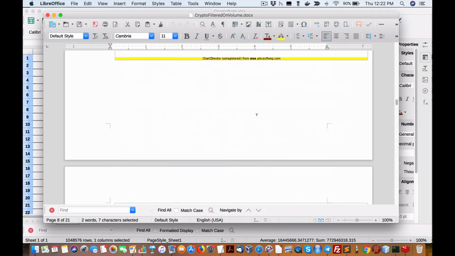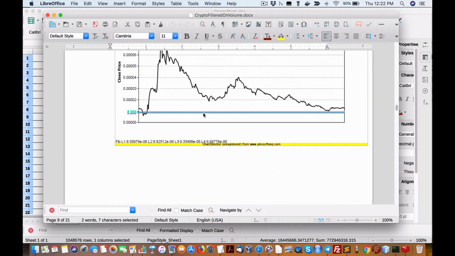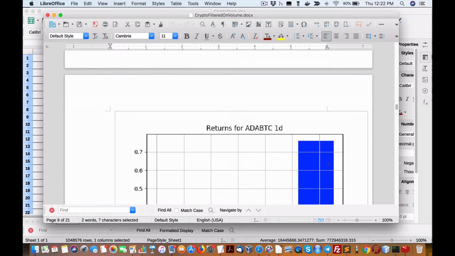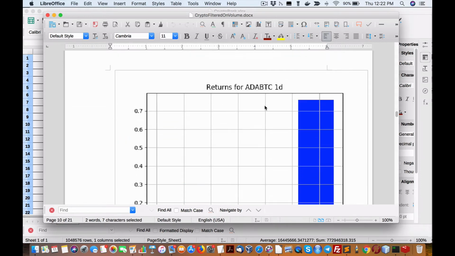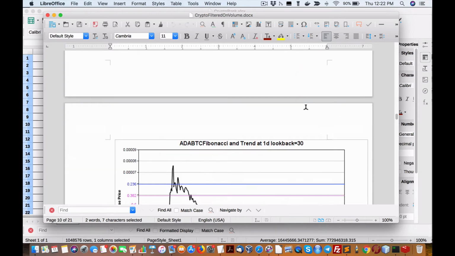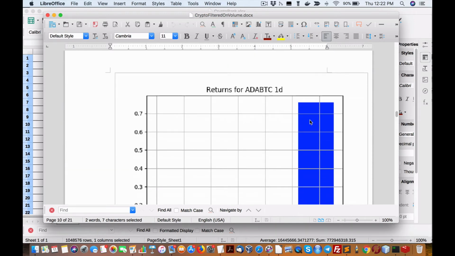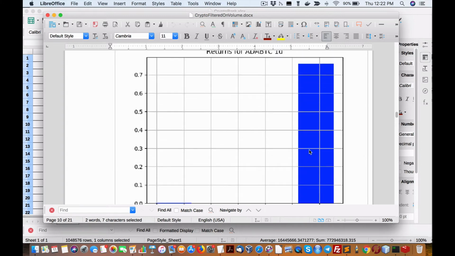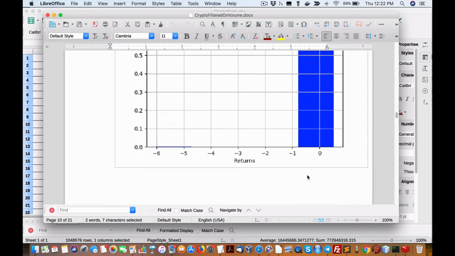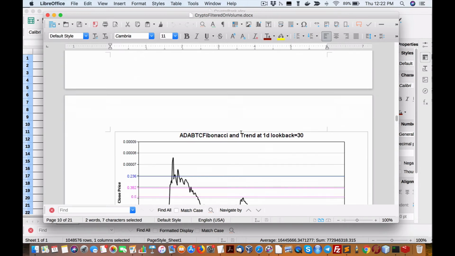So maybe that might not be a good one to take on. Again, historically, the Fibonacci's are way too tight. Might not be worth taking on. When you look at the returns, there's too many negative ones. I wouldn't do that. But the interesting thing is there are not as wide-ranging daily returns. So the moves and the swings each day are not as extreme as XRP.